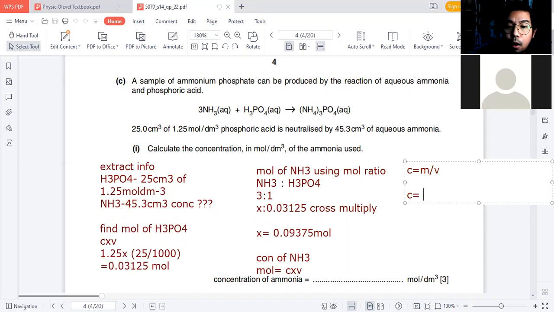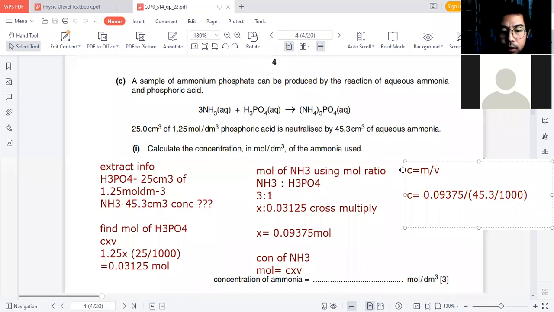So C is equal to 0.09375 divided by the volume given to you, 45.3 over 1000. That is about 2.0695, so 2.07.